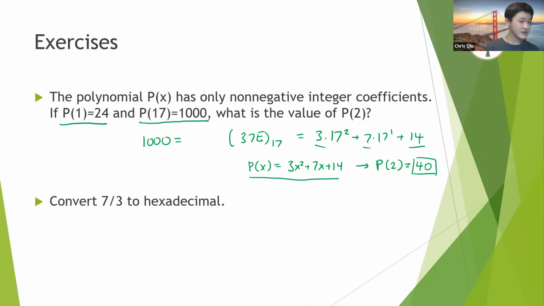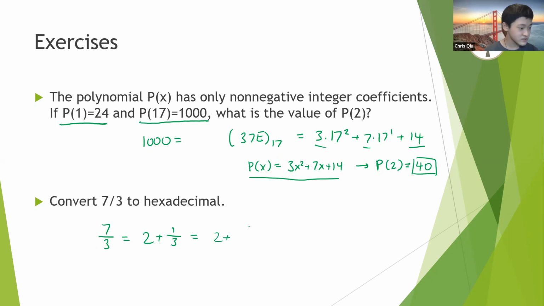Now let's look at our second exercise. We want to convert 7/3 to hexadecimal. One thing you could do is divide by 16 and take the remainder, but it's going to be kind of complicated. A more interesting way is to separate 7/3 as 2 plus 1/3.